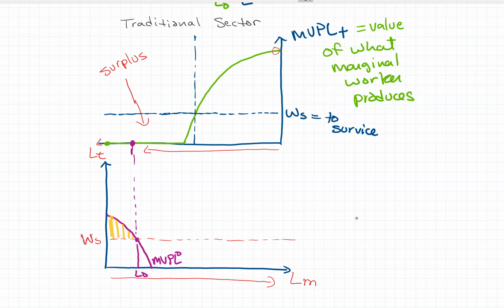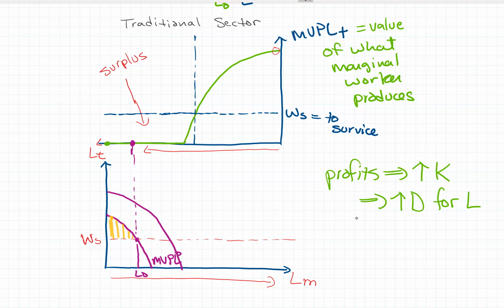So the profits of the capitalists go to expanding the firms, new capital, and this increases their demand for labor in the formal sector. That's the basic idea. And so this shifts out, and now we have more demand for labor.